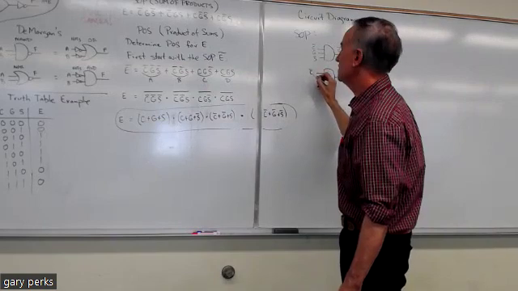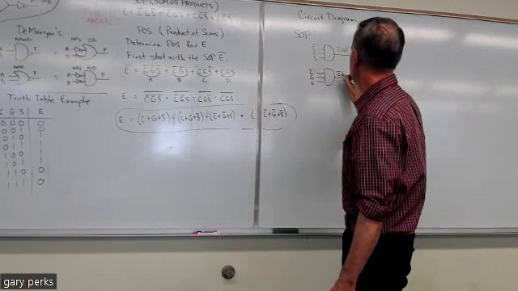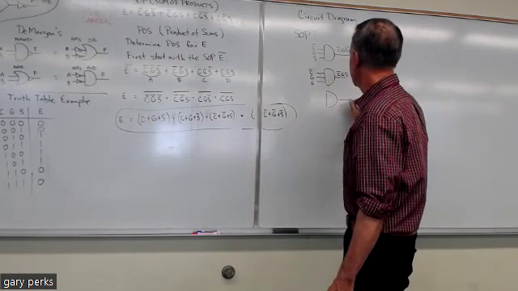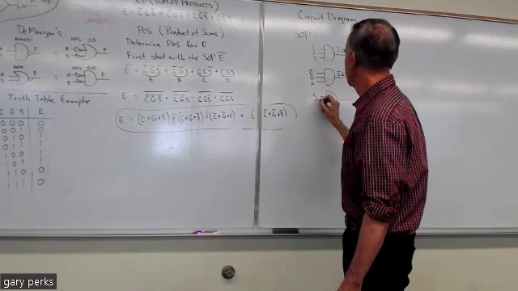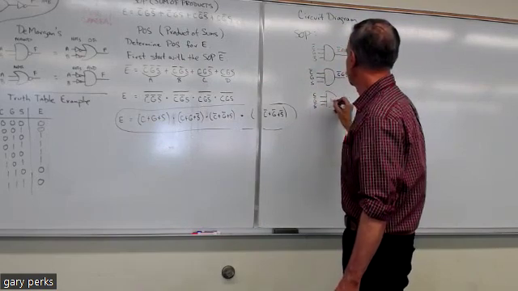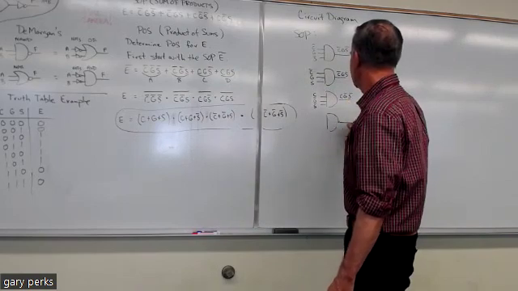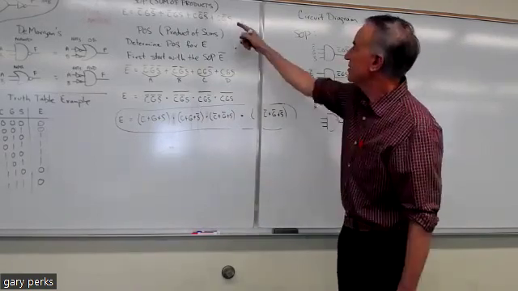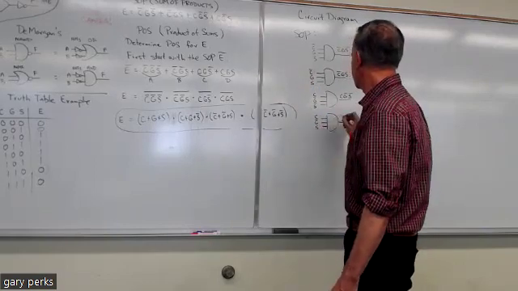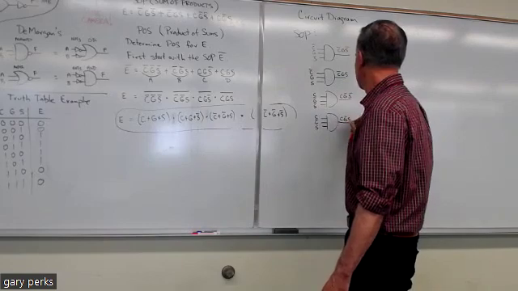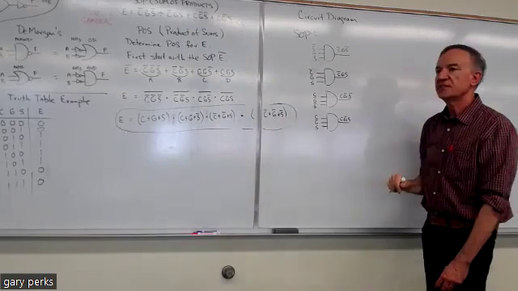So this will have input not C, G, S. This, and we'll have C, not G, not S. This and for this term, C, not G, S. So you see, for each one of these terms, we need an AND gate.